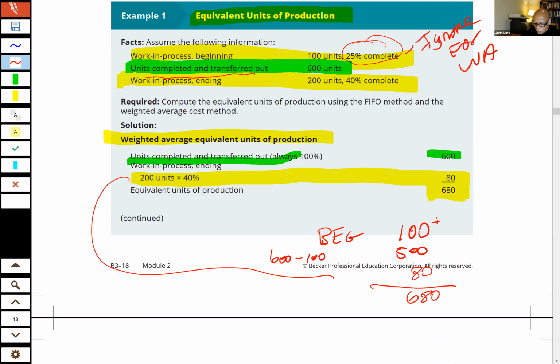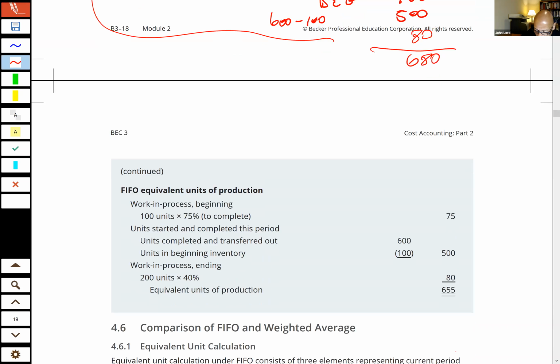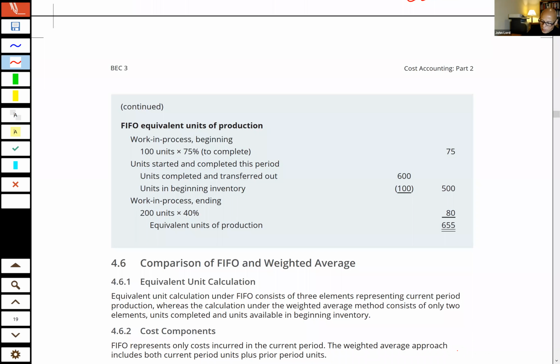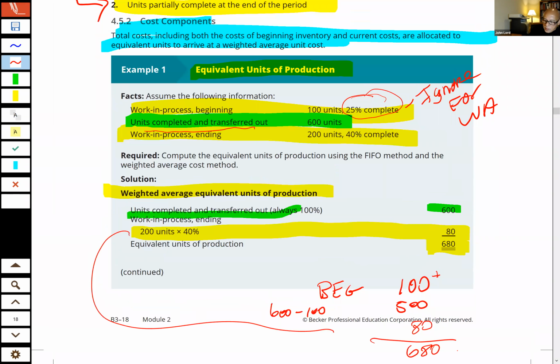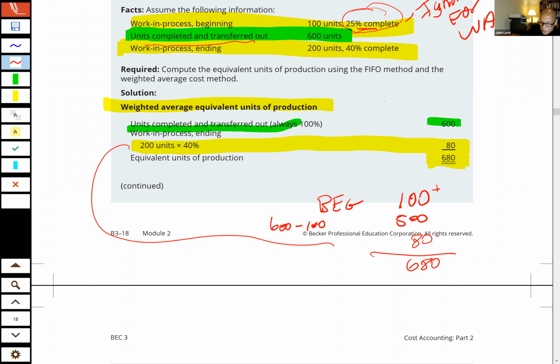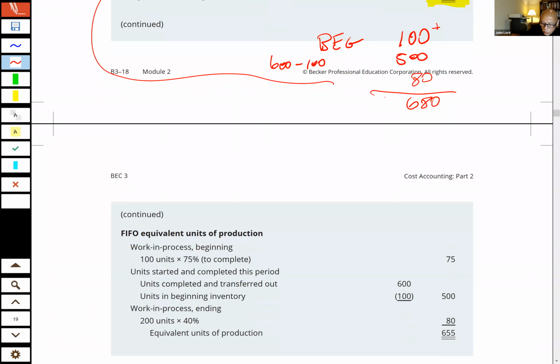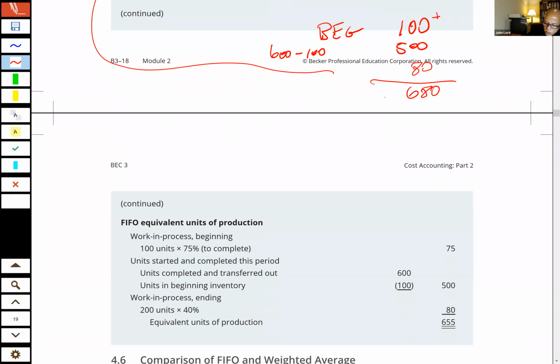Now, when we come over to the FIFO method, notice they tell us the units were 25% complete as of the beginning of the period, right? So that means that this period we would have finished those units, but we would have done 75% of the work this period to complete them.